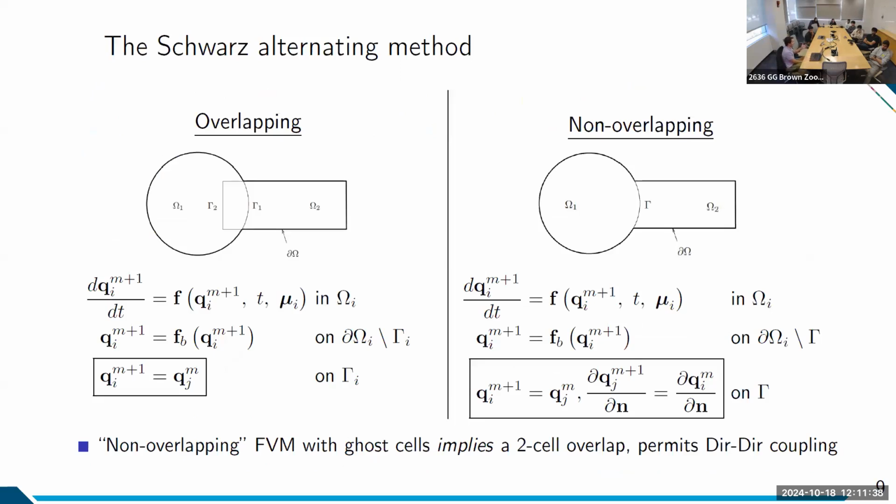And there's lots of different flavors of the Schwarz alternating method. So if your subdomains are overlapping, you can enforce a Dirichlet boundary condition at these interfaces, gamma 1 and gamma 2.